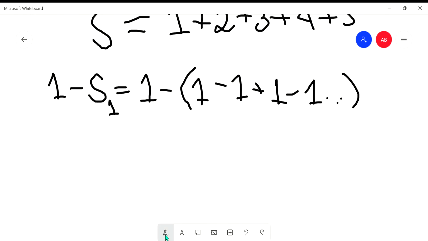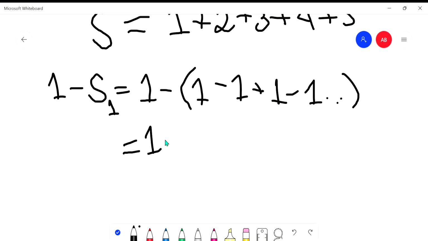We get 1, and then this minus 1 multiplies with this one, becomes minus 1. This multiplies with that, becomes plus 1.